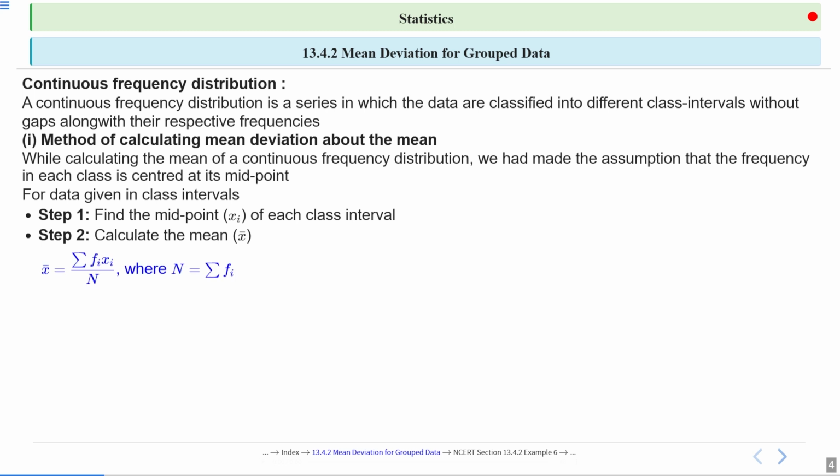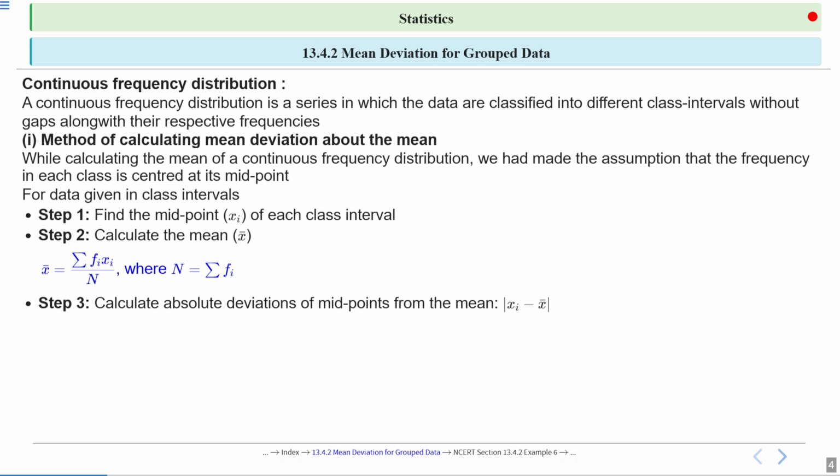The formula for the mean is x bar equals the sum of fi into xi divided by n, where n is the total frequency, or the sum of all fi. Here fi is the frequency of the ith class and xi is the midpoint of that class. So x bar equals f1 x1 plus f2 x2 plus dot dot dot plus fn xn, divided by f1 plus f2 plus dot dot dot plus fn.